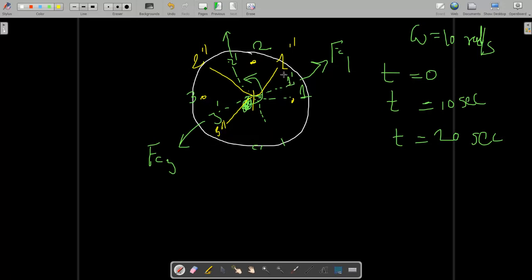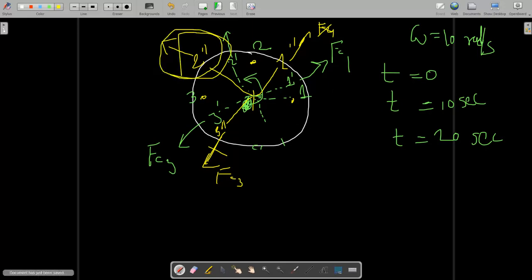Again, if you draw the force balance, the centrifugal forces of the first and third masses cancel each other out, so there is no effect due to them. The only force not balanced by any other force is the centrifugal force of the second mass. This is the amount of unbalance.